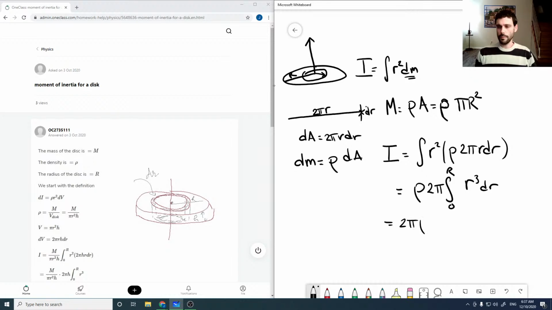And so we have 2 pi rho. The integral of a power is you just raise the power by 1 and then divide, so it'll be r to the 4th over 4. And our limits are 0 to R.